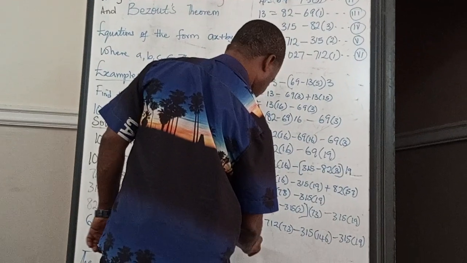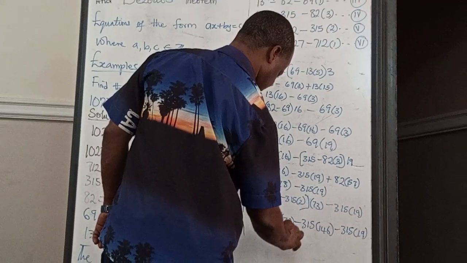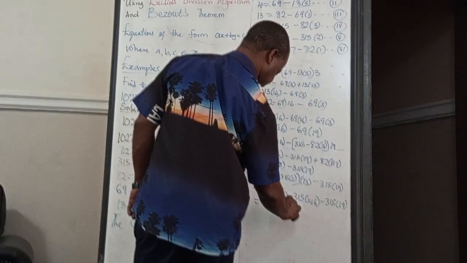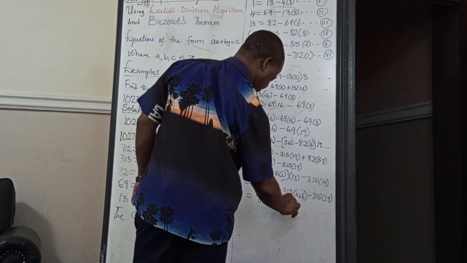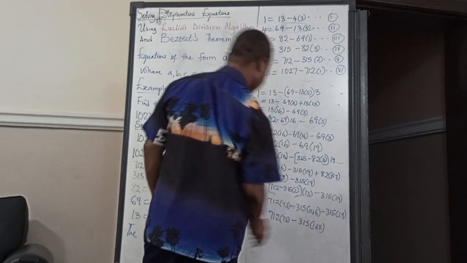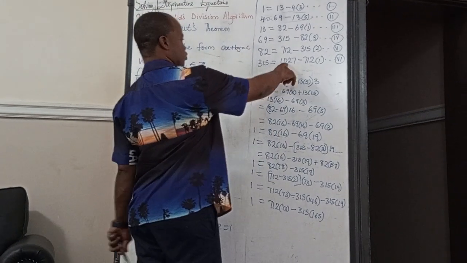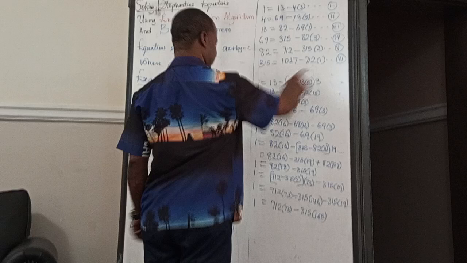So that we have 1 is equal to 712 times 73, then minus 315 of 165. Then you go to the last line where 315 is equal to 1027 minus 712.